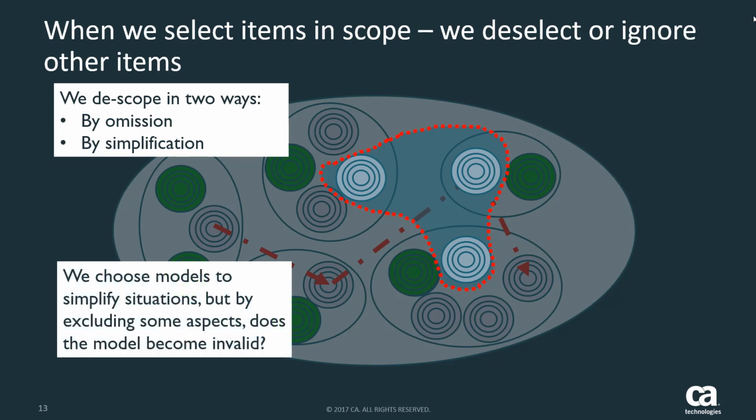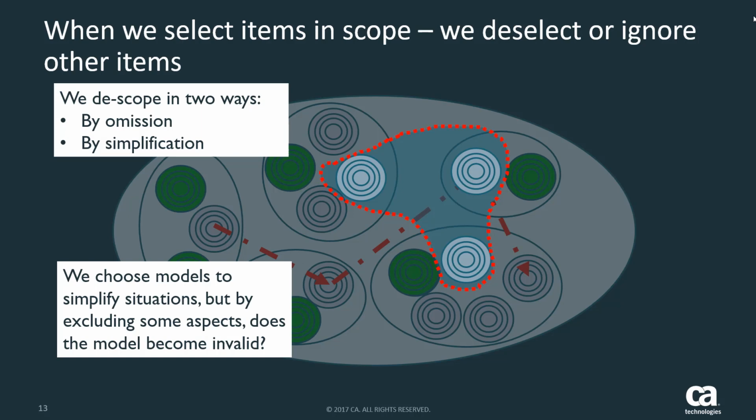We can choose models to simplify and de-scope things, but by excluding some aspects in our model, does the model become invalid? That is, are the things that we're ignoring not insignificant? Perhaps the things that we're ignoring in our model might affect the behavior of our system through the eyes of our model.